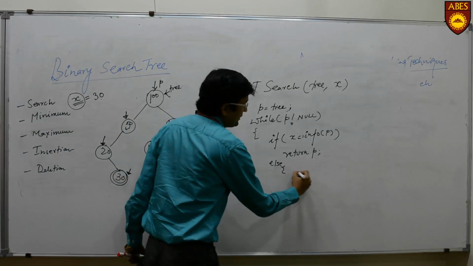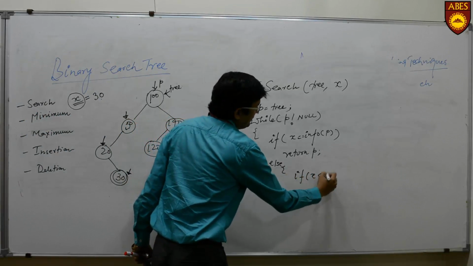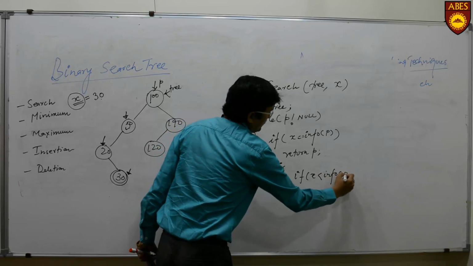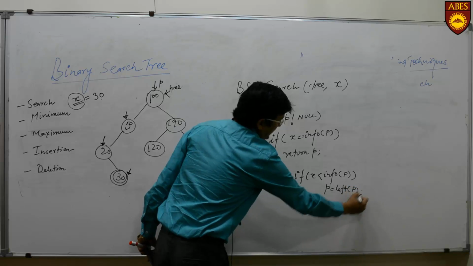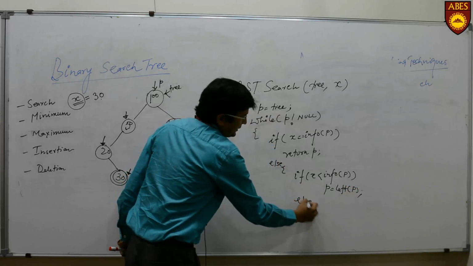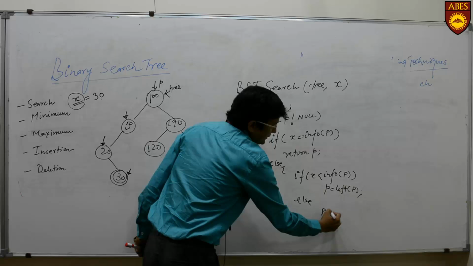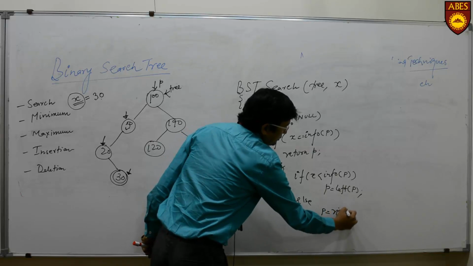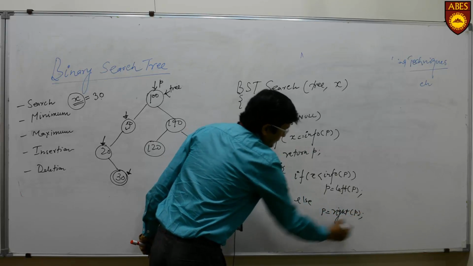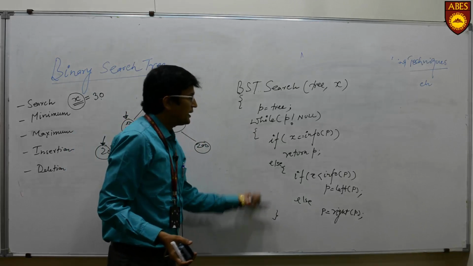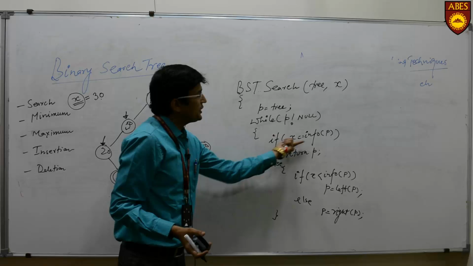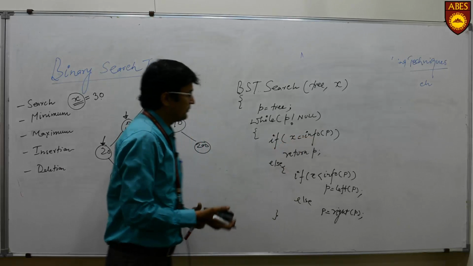If the search key is less than the information of the current node, we will go towards the left, and if the search key is greater than the key value of the current node, we will go towards the right. This way we go left or right until we find that the search key is equal to the information of the current node.